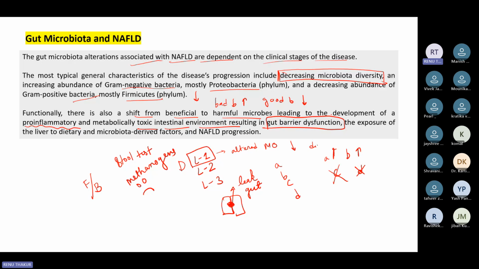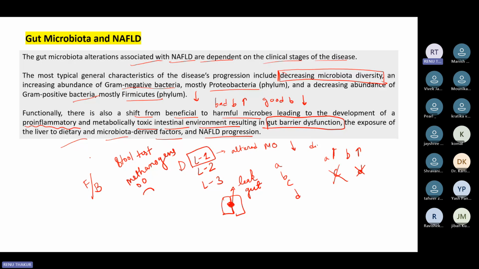So the exposure of the liver to dietary and microbiota-derived factors and NAFLD progression. It all depends on the dietary intake and how that dietary intake is disturbing the natural microorganisms present in your gut.